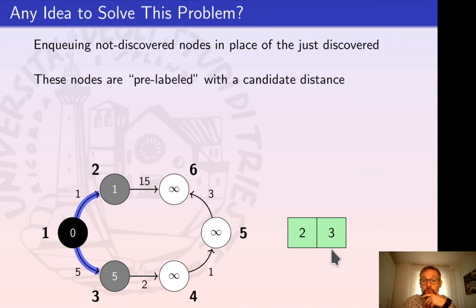They are on the queue. So we may try to update. No, sorry, this is the new version, the version in which we try to update the candidate.